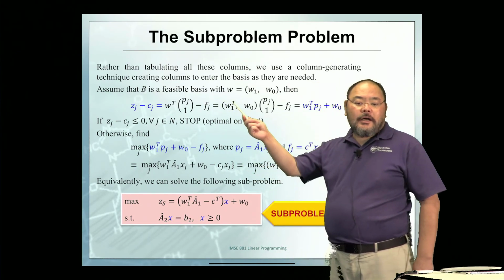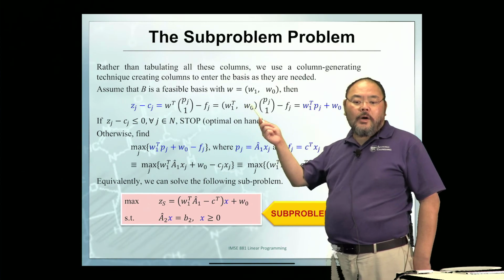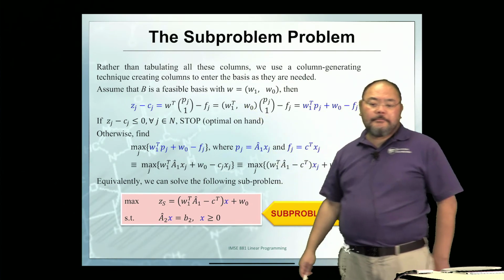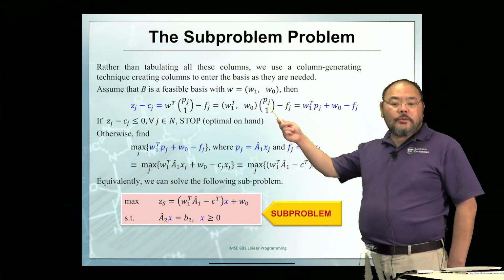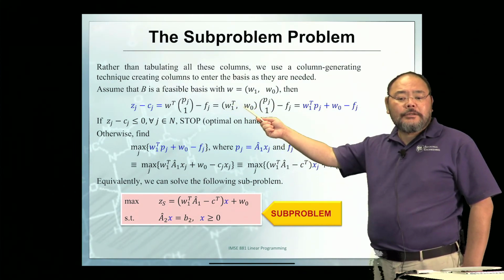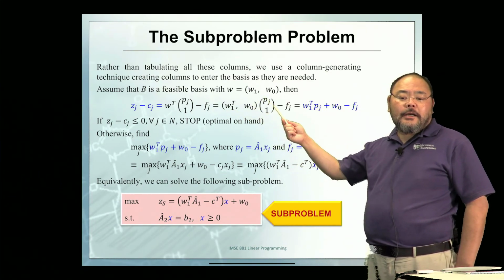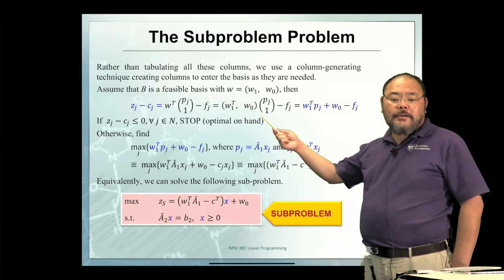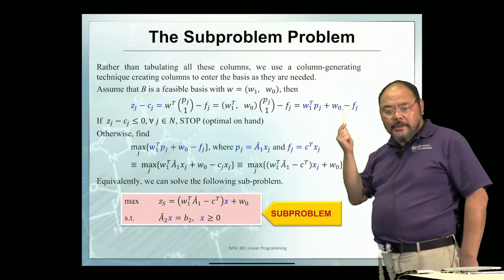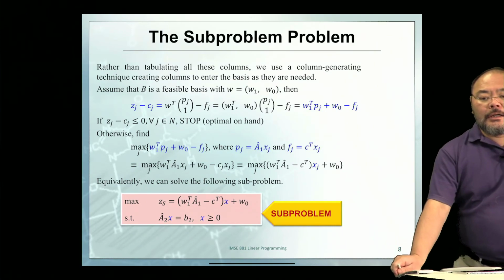So basically you have a vector omega 1 and a single omega naught. So it becomes omega 1j times pj plus omega naught times 1. So this is actually your dual constraint in your master problem.